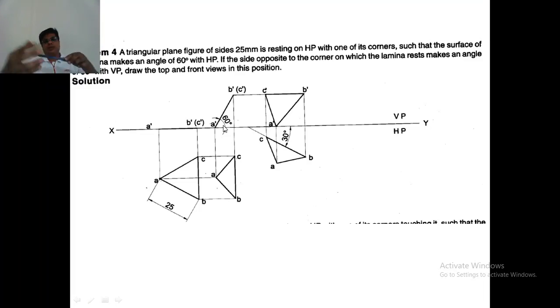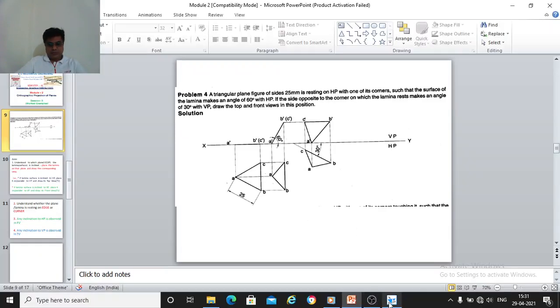That means when I see from the front, this front view, this edge will be inclined at 60 degrees to the HP or to the XY line. So in the next stage, you should draw this edge AC, A dash C dash, in the vertical plane, that is the front view, at 60 degrees to the HP, that is to the XY line. It is the same as the previous problem.